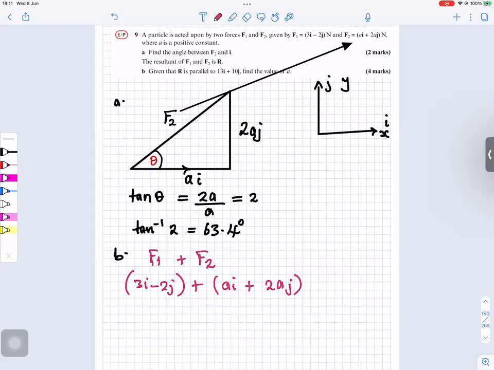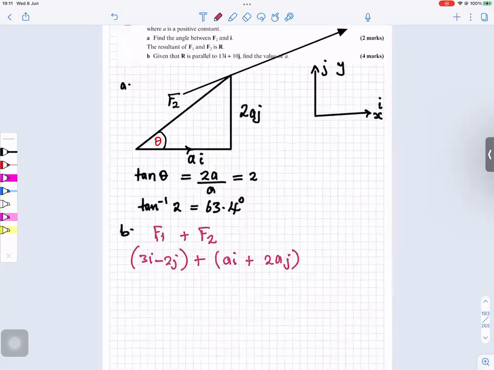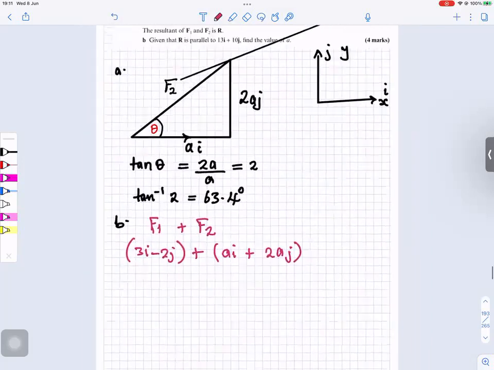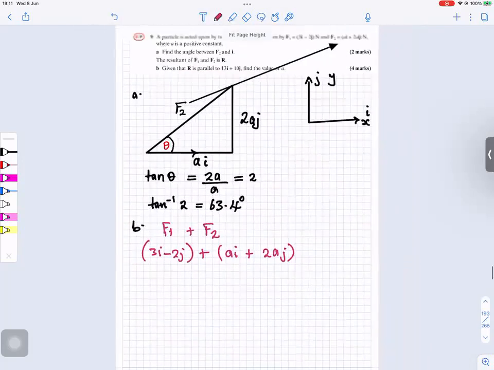So then it's going to be 3 plus AI, and minus 2J plus 2AJ, sorry.